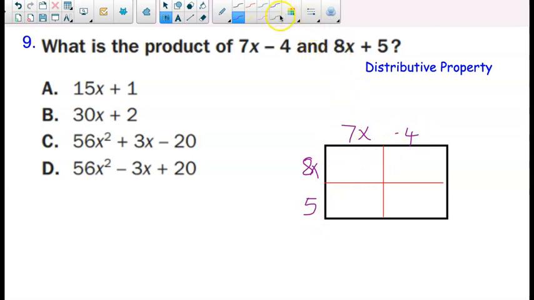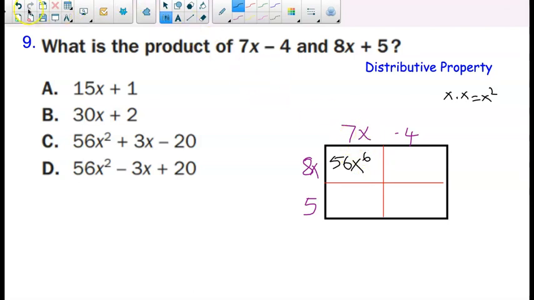We are making use of this process of finding the area. That's all. So now, in the first rectangle here, what is the area of this piece? I'll multiply 8x times 7x, that is length times width. 8 times 7 is how much? 56, right? 8 times 7 is 56, and x times x gives me x square. So I will write 56x square.